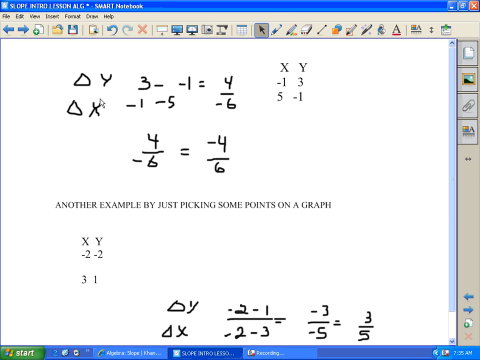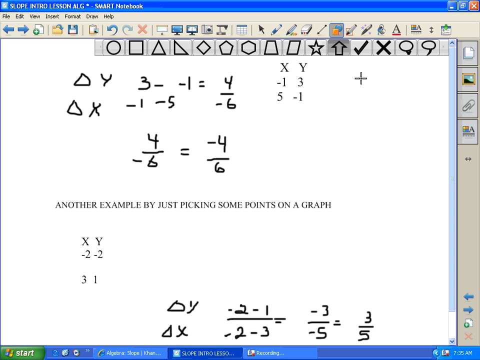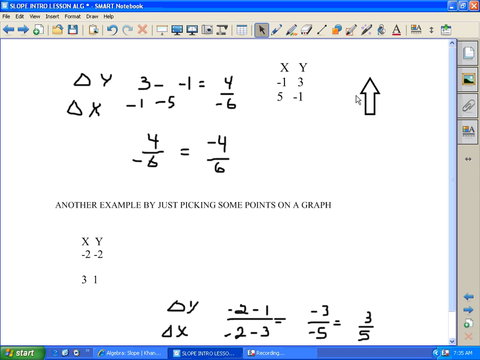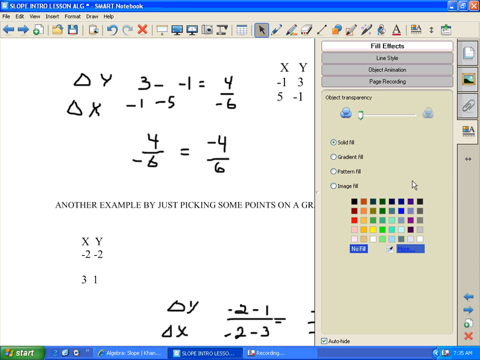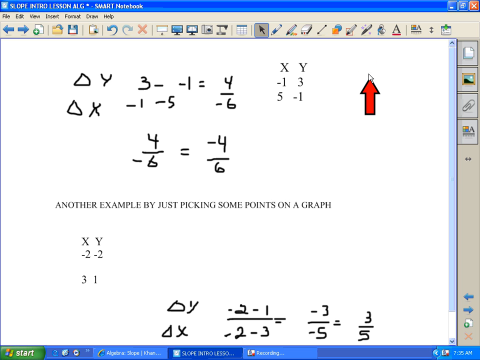Now, again, we use the symbol delta y over delta x. If you remember the coordinates, here they are again. Our original coordinates were negative 1, 3.